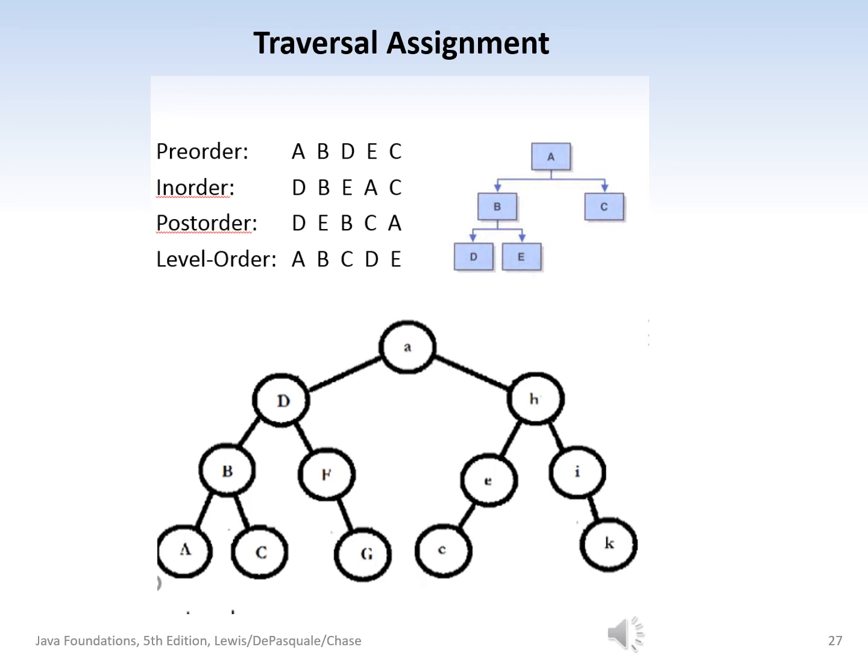Take a good look at this example I've given you here that shows the pre-order, in-order, post-order, and level order traversals of a tree. And here's the tree we're going to be using. And I'll give you the source code for most of what I've shown you already.